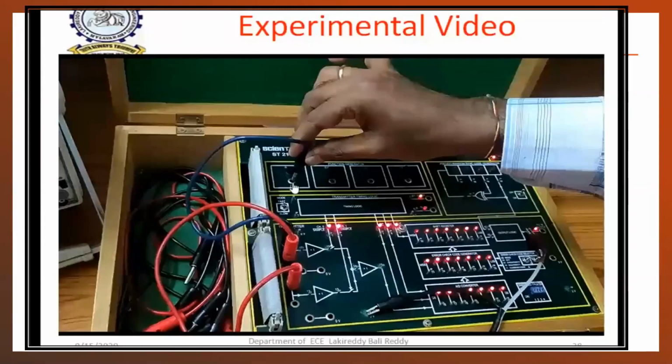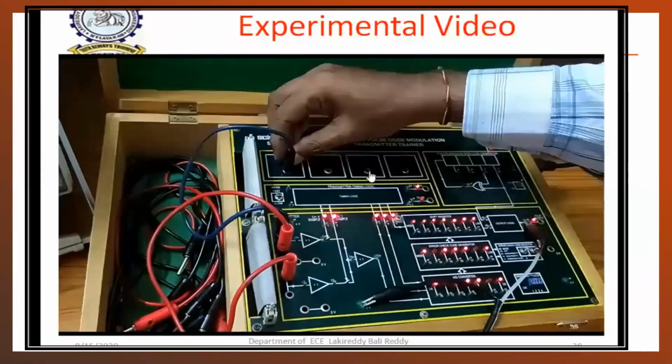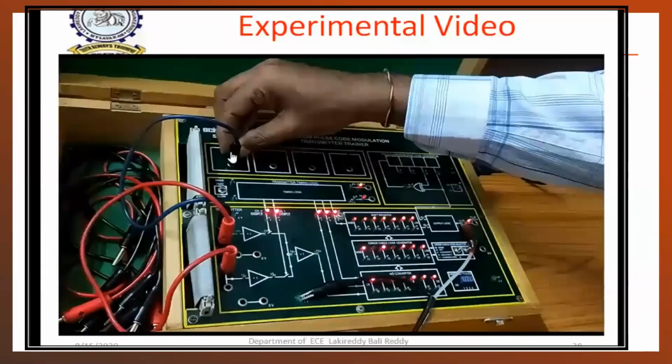Only for that sample value, we are going to observe the encoded bit sequence. Then you can clearly observe the PCM output. Instead of a sinusoidal signal, we are taking one DC signal and changing the amplitude of the DC signal, or sample value. For each sample value, you can clearly observe the group of bits assigned at the encoder.